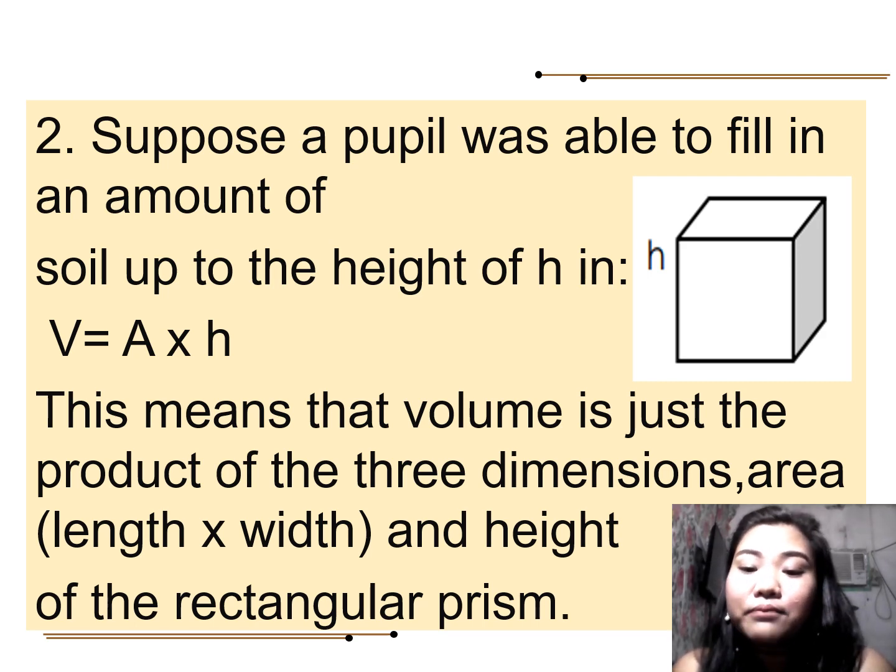This means that the volume is the product of three dimensions: area, which is length times width, and the height of the rectangular prism. So in short, volume is equal to area times height, or simply, volume is equal to length times width times height.